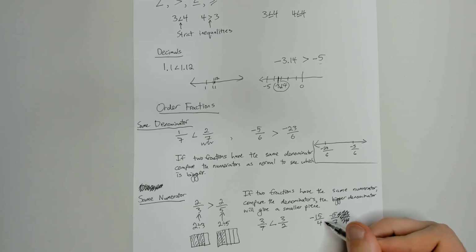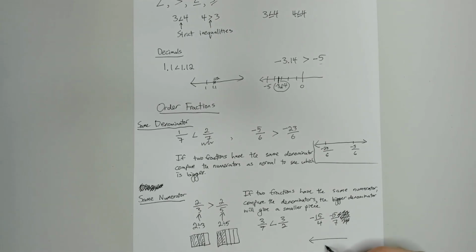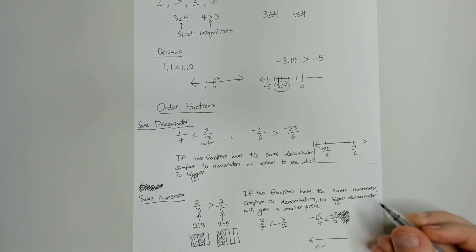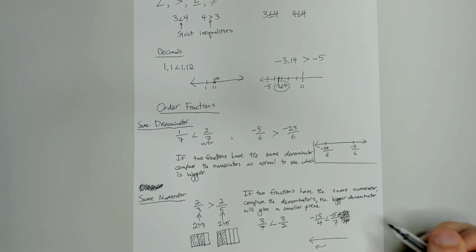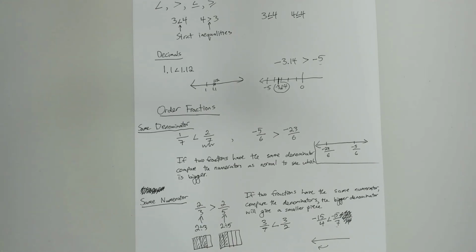But since it's negative, bigger in the negative means more to the left. Since our less than and greater than signs just determine ordering along the number line, we actually get that negative 15 over 7 is bigger, because it's a smaller amount due to the larger denominator we're dividing by. You divide by a bigger number, you get a smaller answer. All right, I hope that made sense.